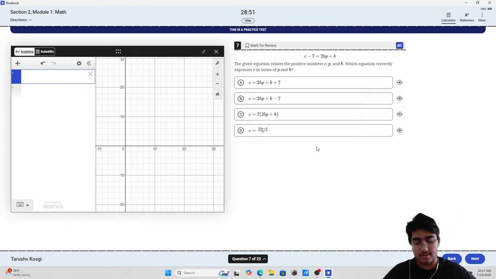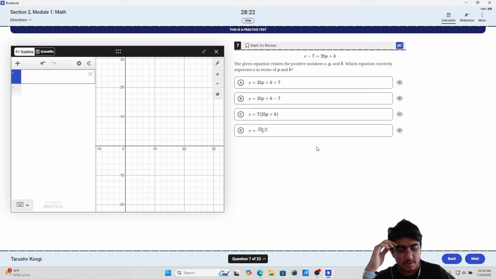Pull out an iPad right here. Let's go into my notes here. So if you guys can't see this, but C. So if C minus 7 equals 25p plus k, then C is equal to 25p plus k plus 7.